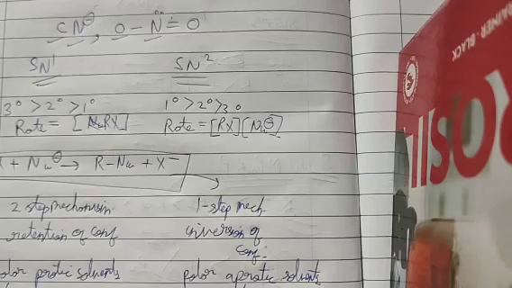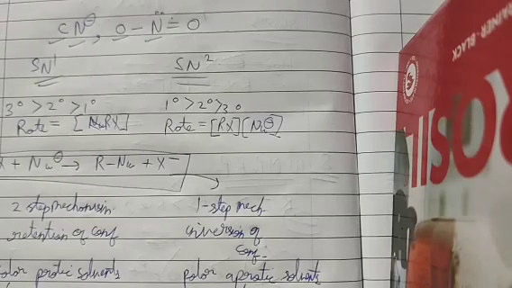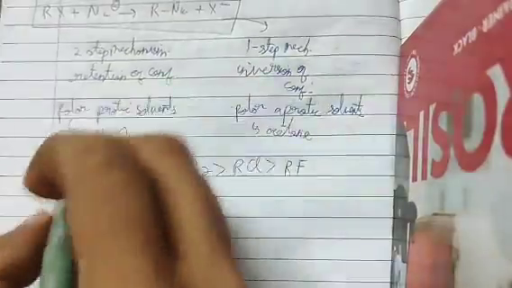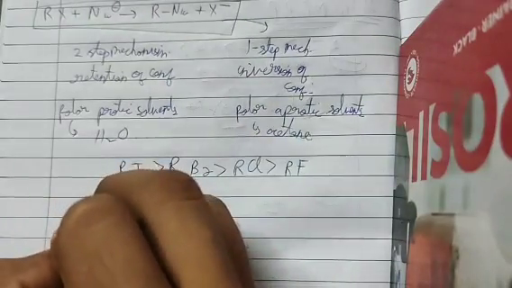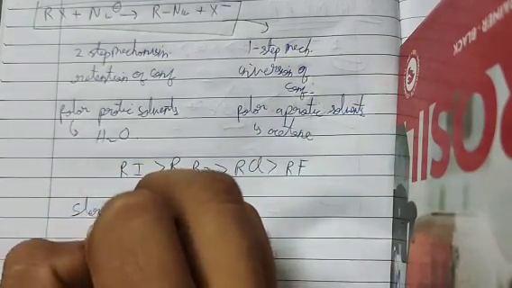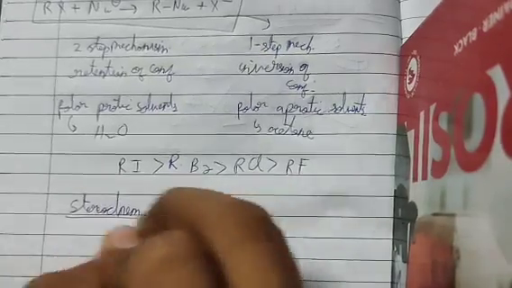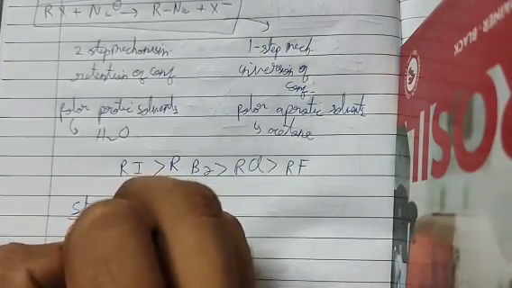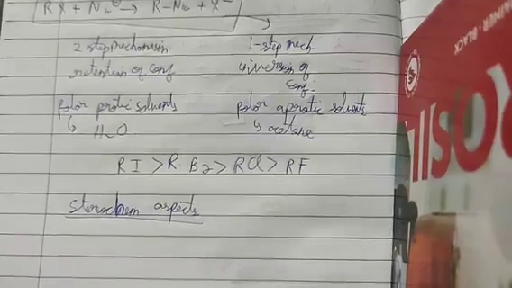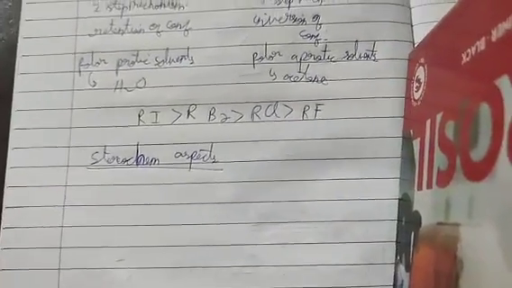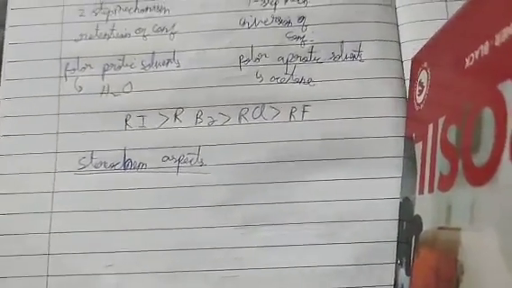So next we are going to study some stereochemical aspects of nucleophilic substitution reaction. What are we going to study? Stereochemical aspects. Now what are those stereochemical aspects? Let us see.